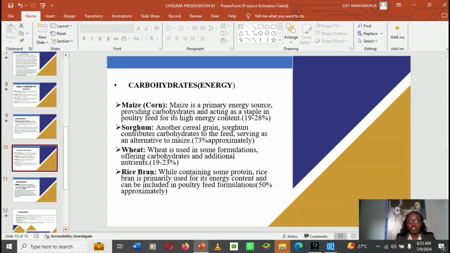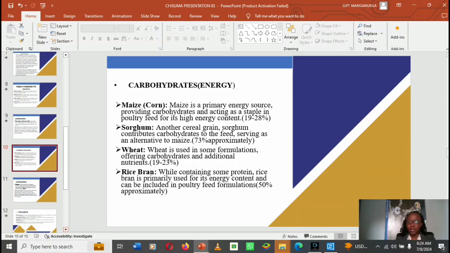Sorghum has about 73% approximately of the carbohydrate. Now, this is very, very good, but is it everywhere? That is where we spoke of local availability and how much is in your area. When you talk of wheat, it has 19 to 23%. How much of it are farmers having? It's very good as well.